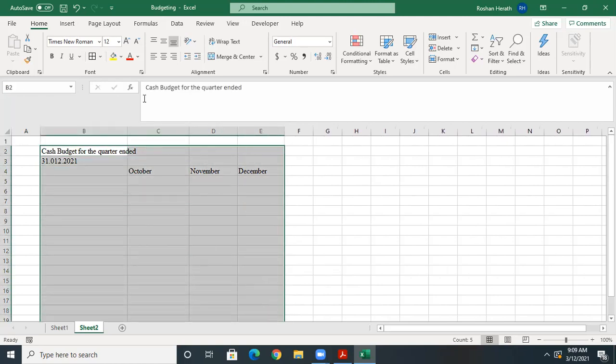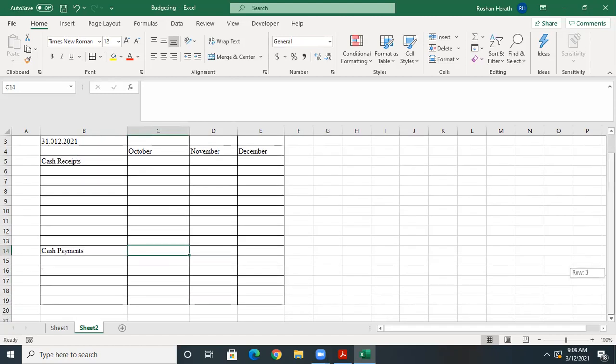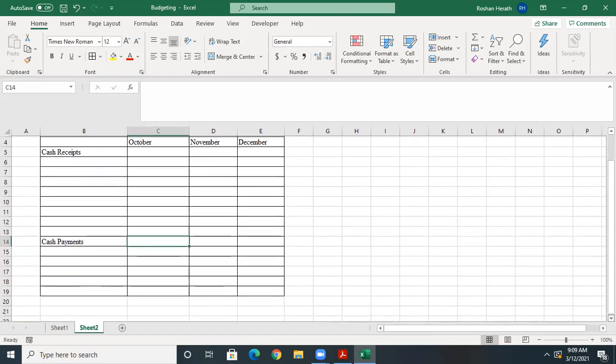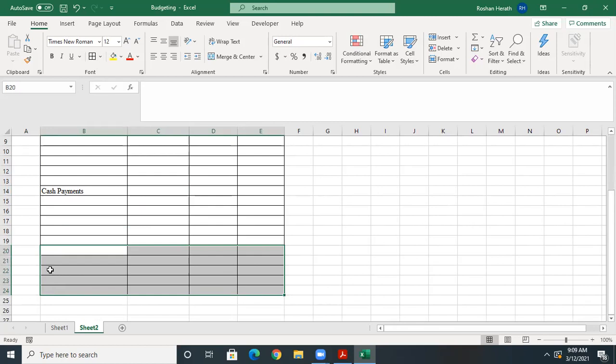When it comes to a cash budget, basically you start with the cash receipts. Have some space and then take the cash payments. That's it, cash receipts and payments. Then you can take the total cash receipts and total cash payments. As a result, you can see the net cash flow during the period.